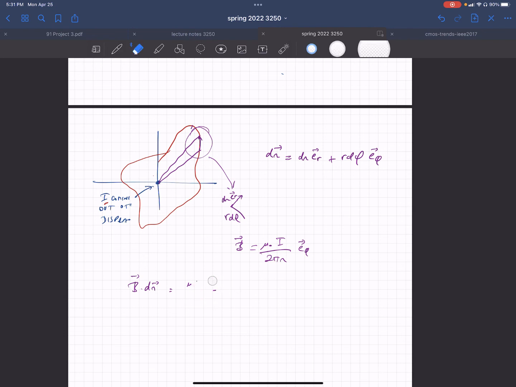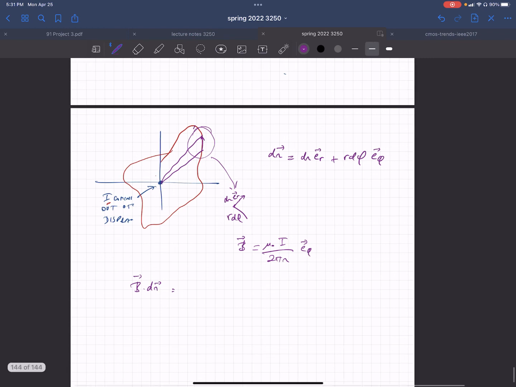So I want to do the B dot dr. What does that look like? Start from scratch: mu naught I over 2 pi r e sub phi times r d phi e sub phi.